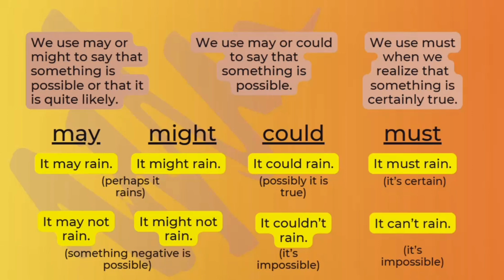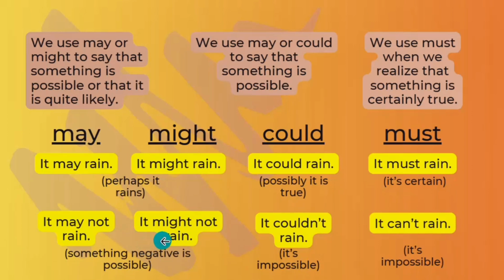So if we talk about the possibility scale, may and might mean that something is 50% possible. Okay, it may rain means you have a lot of chances that it will rain. It might rain is the same as it may rain. Perhaps it rains. It may not rain or it might not rain will give the same meaning, but that will be a negative possibility.